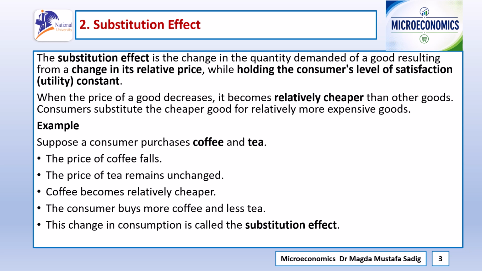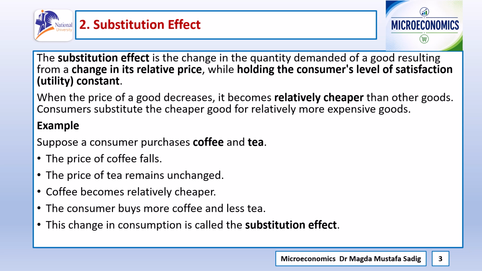Suppose you regularly buy both coffee and tea. If the price of coffee falls while the price of tea remains unchanged, coffee becomes relatively cheaper. Since coffee now provides better value for money, many consumers will buy more coffee and less tea.